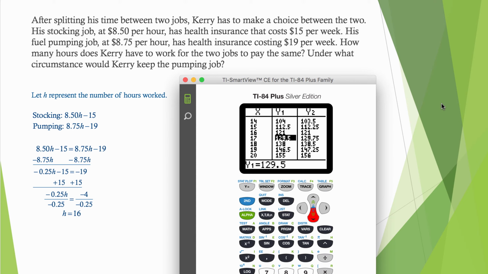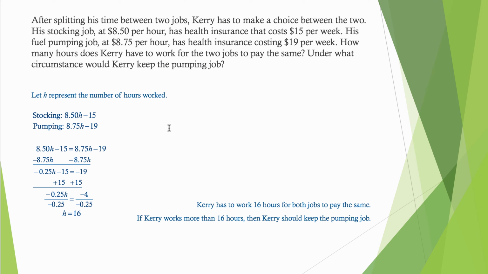If he works more than 16 hours, we notice that the fuel pumping job, since it pays more per hour, is then going to result in a higher paycheck. And the more hours that he works, you could see that the fuel pumping job will pay more and more. So if Kerry works more than 16 hours, then he should keep the pumping job.